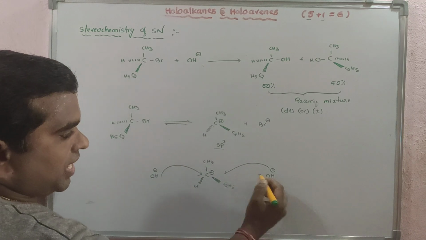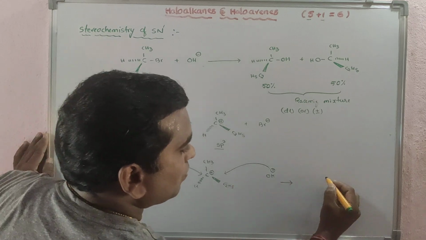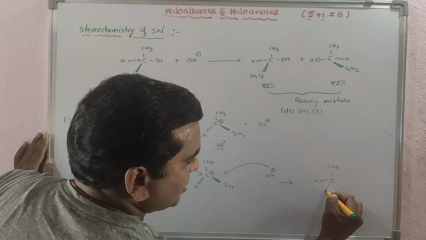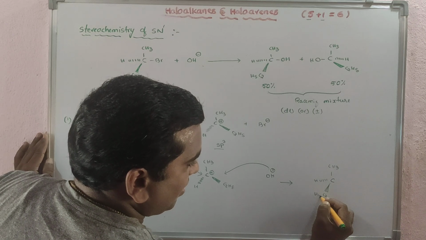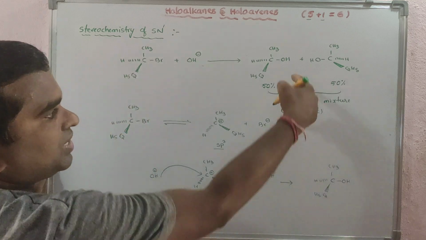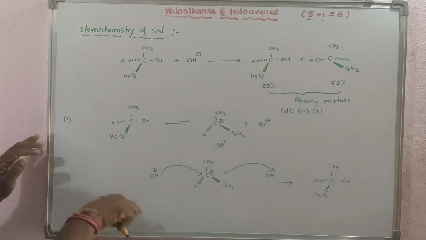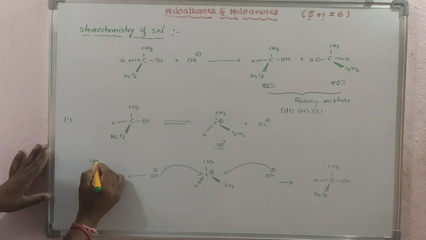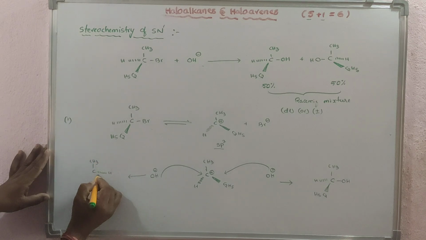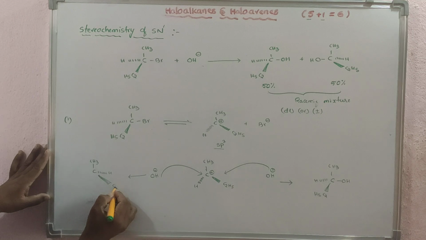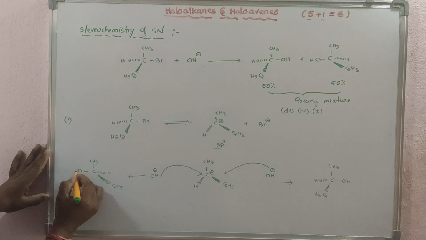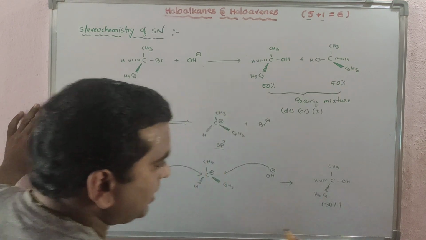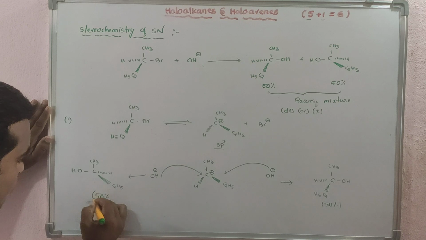If it attacks from the front side, what compound will you get? You will get CH3 and H, C2H5 and here OH. Which compound is it? Retention configuration compound. If it attacks from the back side, then you will get the inversion compound: CH3, H, C2H5, and here there will be an OH. It is 50% formed, and here also there is a 50% chance to form this compound.